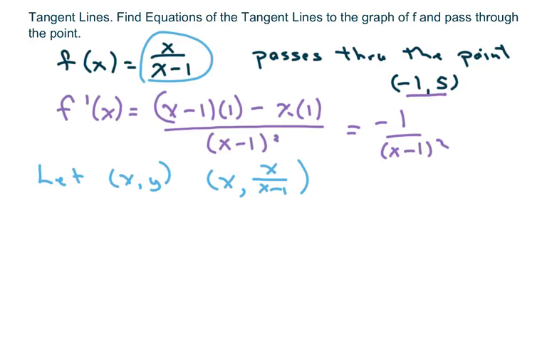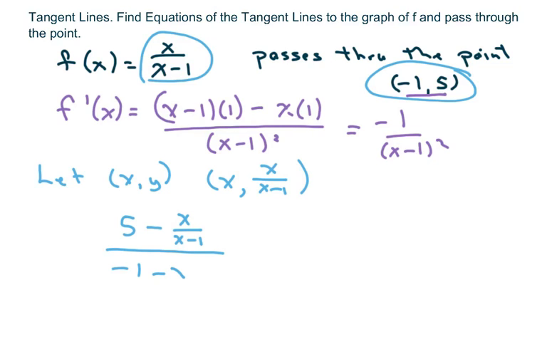Okay, so what we want to do is, the point of tangency, I didn't write that down. Oh, here it is. Here's the point. So I'm going to write 5 minus x over x minus 1, divided by negative 1 minus x, and I'm getting the slope here.